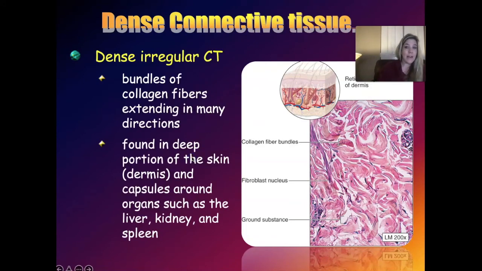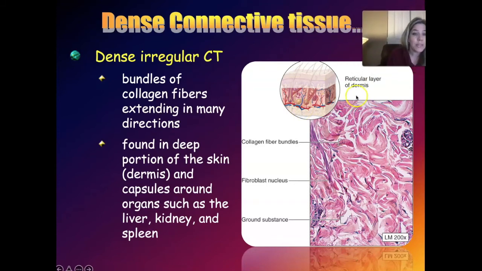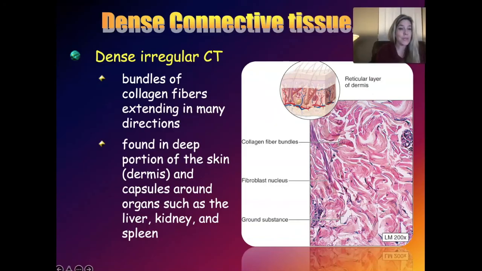And then we have dense irregular connective tissue. So dense irregular connective tissue is found in the dermis, in the reticular layer of the dermis of the skin. And you can see it's all swirly. So as opposed to the dense regular that you just saw, dense irregular is swirly. The collagen fiber bundles are kind of going every which way here.